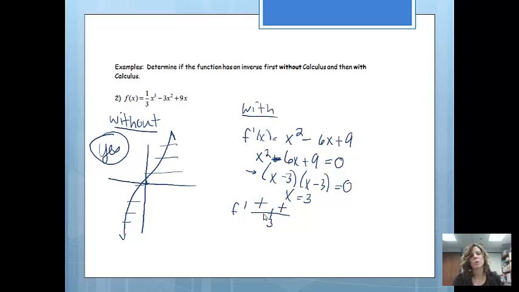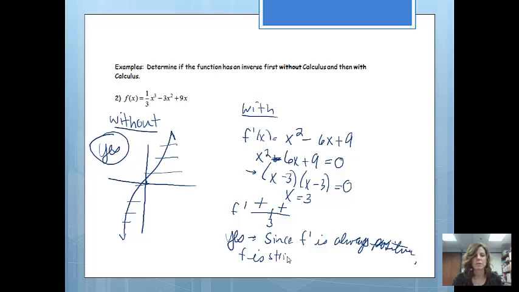So you will notice that because f prime is positive, f is strictly monotonic. So I'm going to say, yes, this has an inverse, and we actually would like to explain why. The reason would be, since f prime is always positive, f is strictly monotonic.